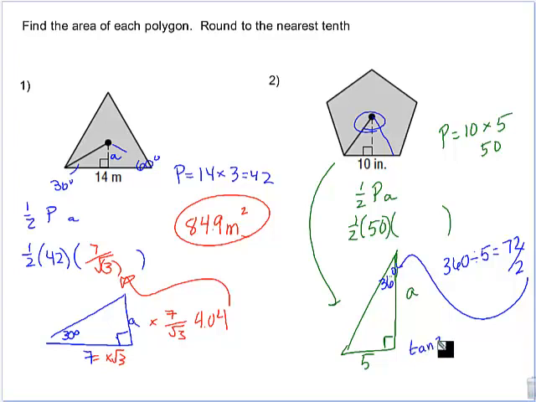Tangent of 36 is equal to 5 over a. How do you solve that for a? 5 divided by the tangent of 36, and you get what? I got 6.88.